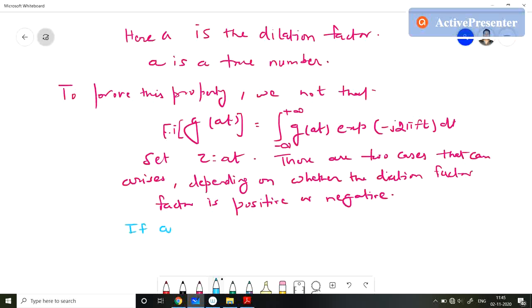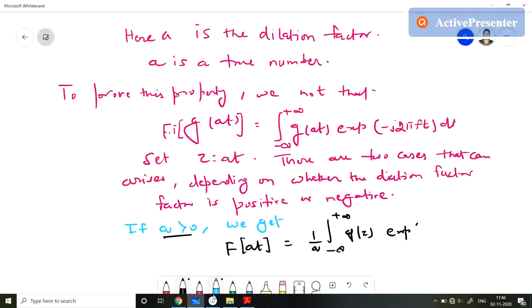So if a is greater than 0, we get the Fourier transform of g(at) is equal to 1 divided by a, integral from minus infinity to plus infinity of g(tau) exponential minus j 2 pi (f divided by a) tau d tau.